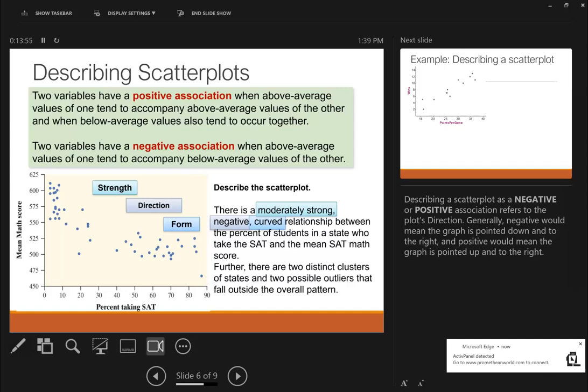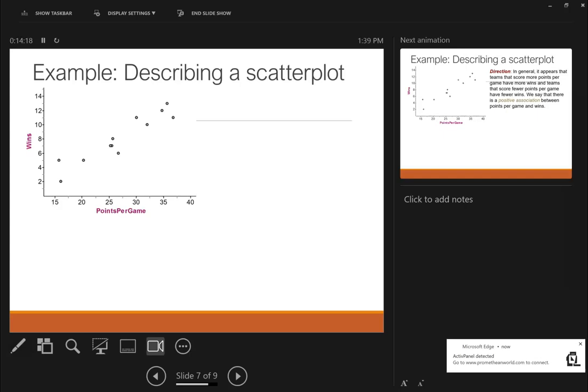Everybody's okay with that? Direction, positive or negative. Strength, very strong, moderately strong, weak, moderately weak. Form, linear, exponential, quadratic, etc. Everybody's okay with how to answer these parts?